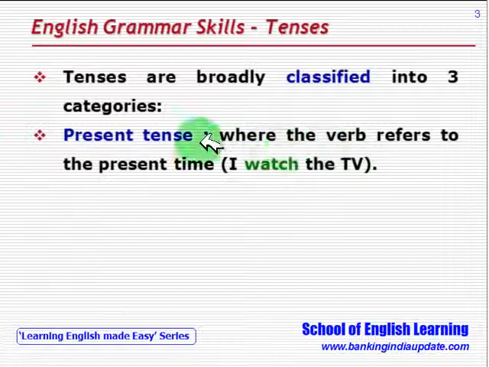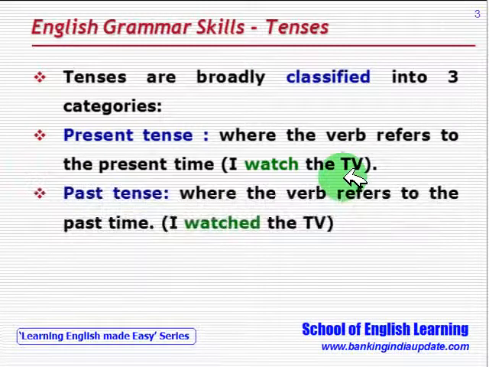First category is present tense. Here, the verb refers to the present time. For example, I watch the TV. Past tense. Here, the verb refers to the past time.